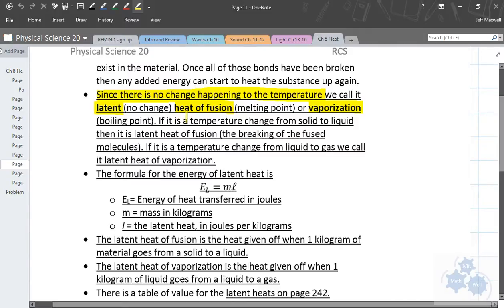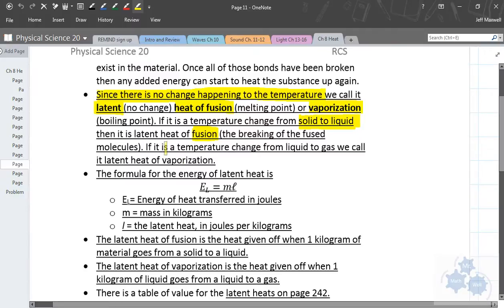Now, think about fusion, heat of fusion. That's atoms coming together and being fused. Fusion is like fused, and so this is talking about solid to liquid or liquid to solid. That's the same point. You think about liquid going to solid; those atoms are being fused together in a sense.